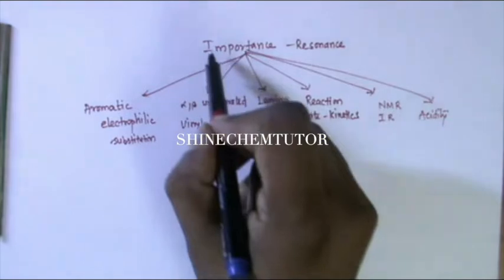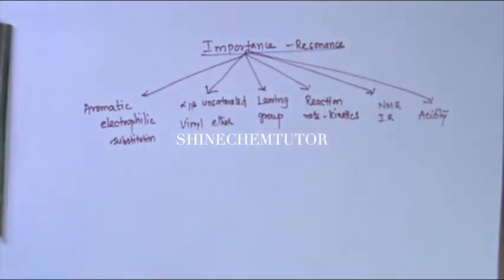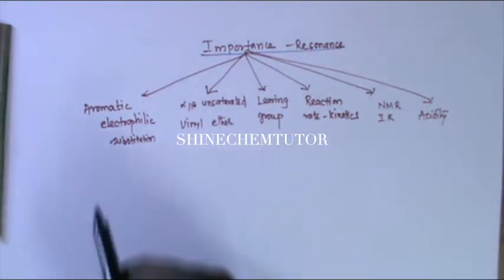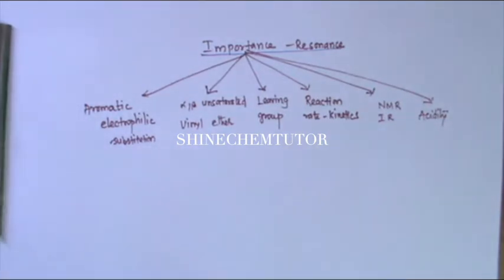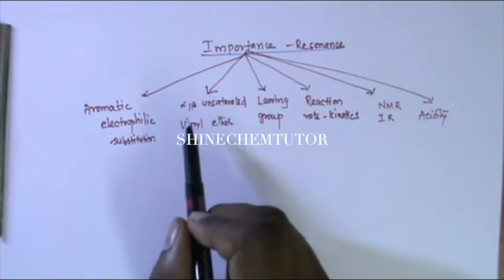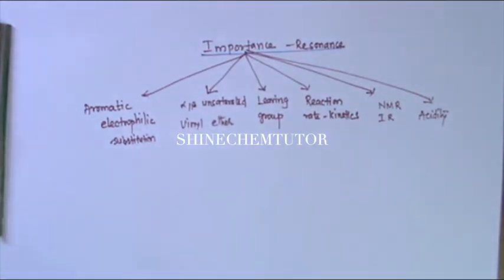What's the importance of resonance effect? In order to explain that, I am going to discuss these 6 topics. The first one, aromatic electrophilic substitution. The second one, functional groups, alpha beta unsaturated system. It may be ketone, ester, nitrile, nitro, whatever it may be.